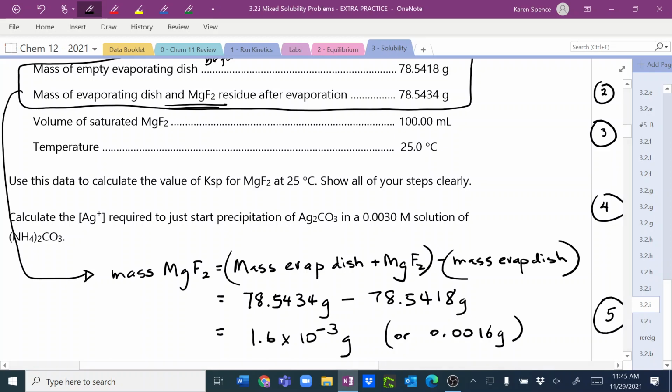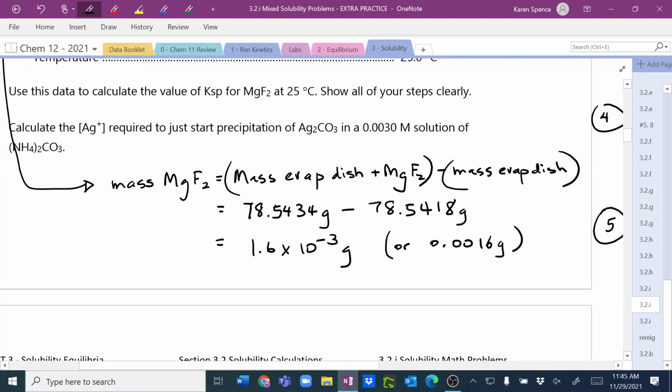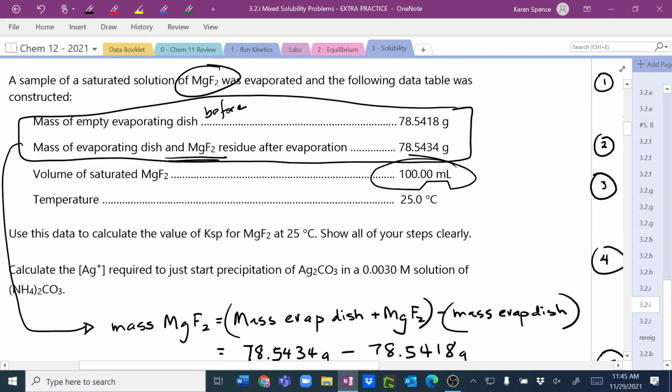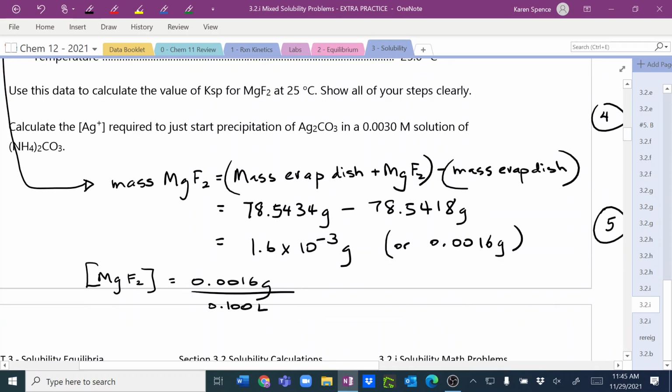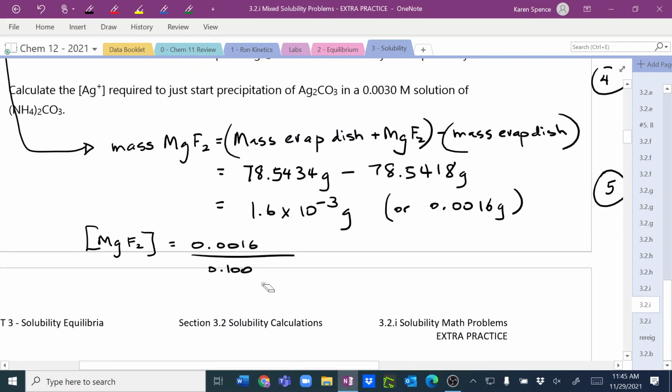Now that we know that, we also know the volume. Yes? So now we can find the concentration of MgF2, 0.0016 grams per 0.100 liters, because we know it is in 100 milliliters. Oh, by the way, did you notice what happened to my sig figs when I did the subtraction?